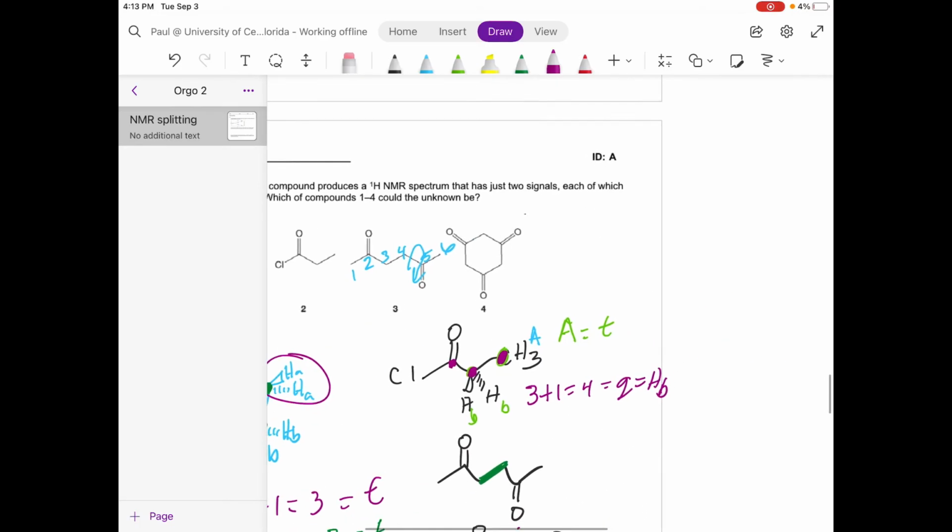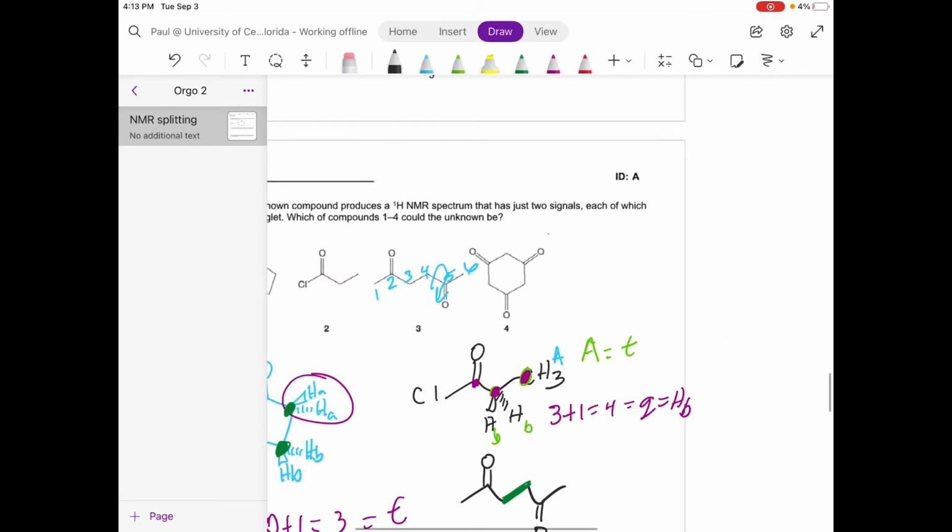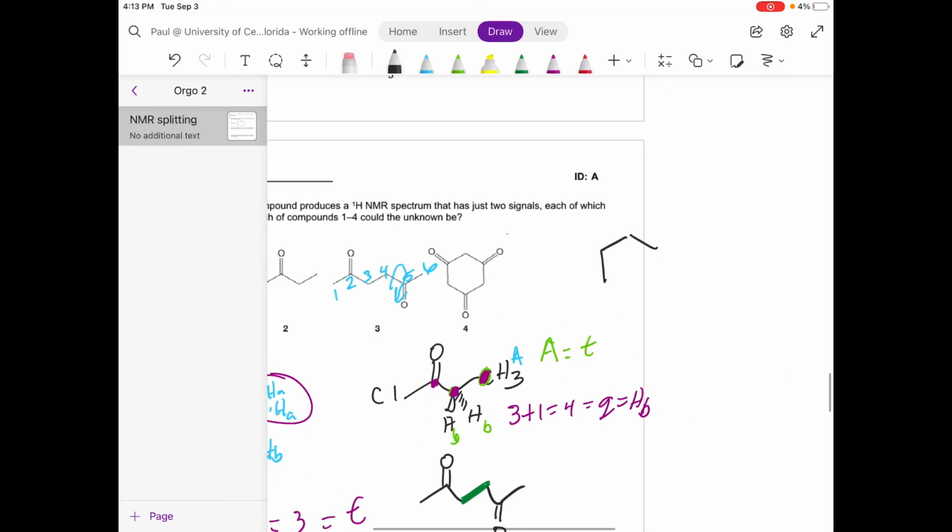Now let's finish up molecule 4. So if we have ourselves a 6-membered ring, double bond, so now we have a wedge and a dash, double bond, wedge and a dash, wedge and a dash there.